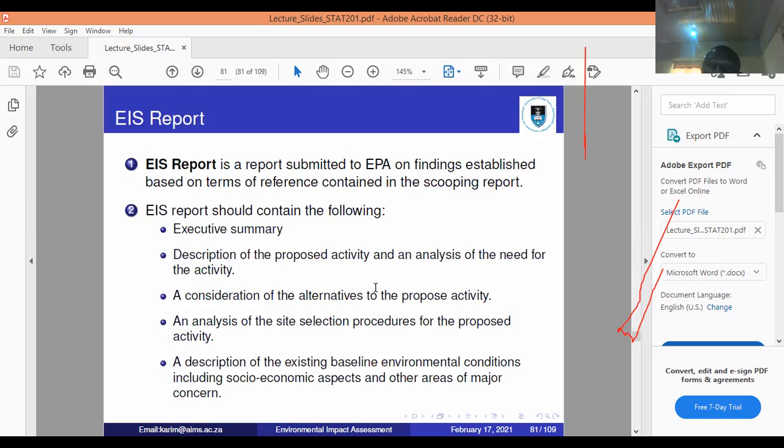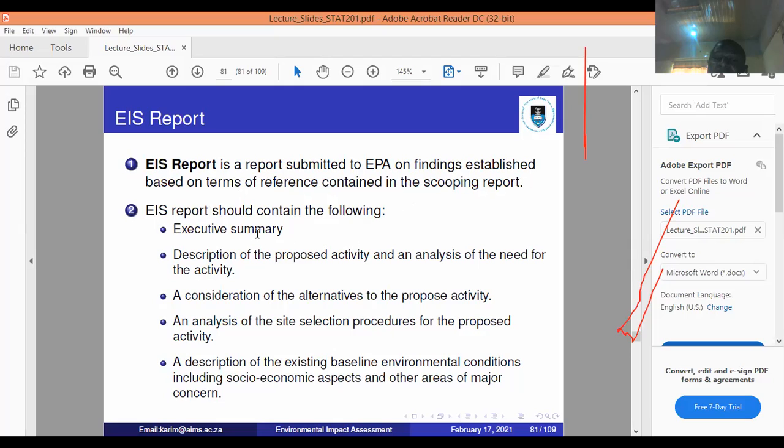And then you need an environmental impact statement report. And what is in this report? It's a report submitted to the Environmental Protection Agency on findings established based on terms of reference contained in the scoping report. And it should contain the following.